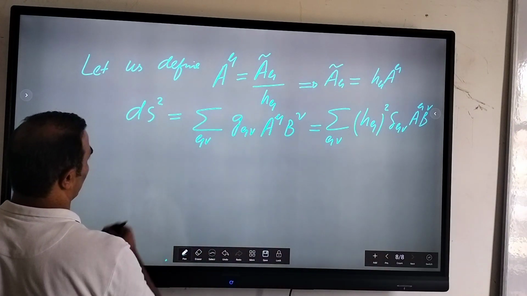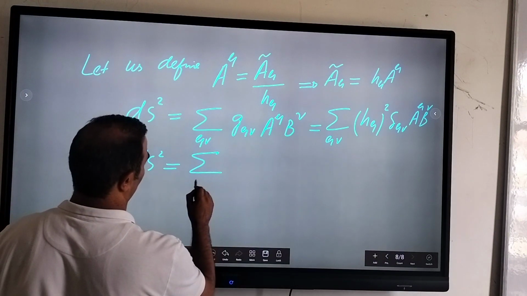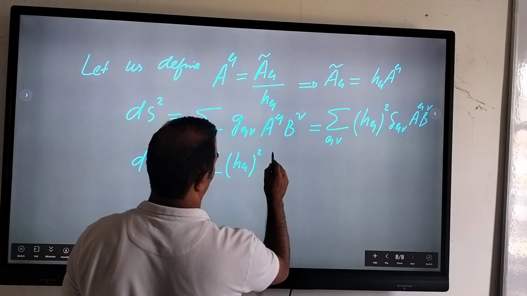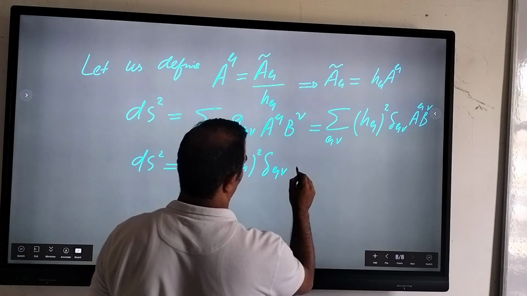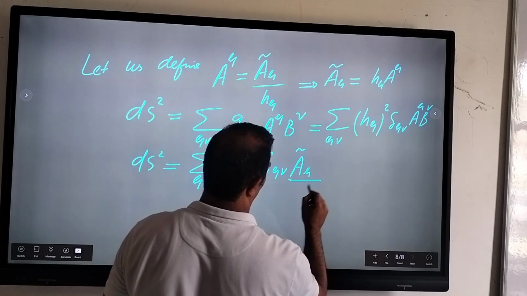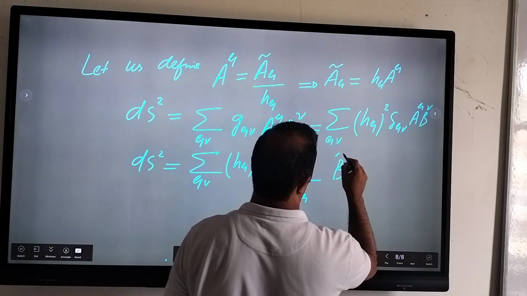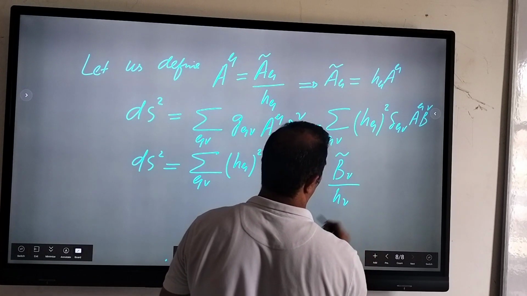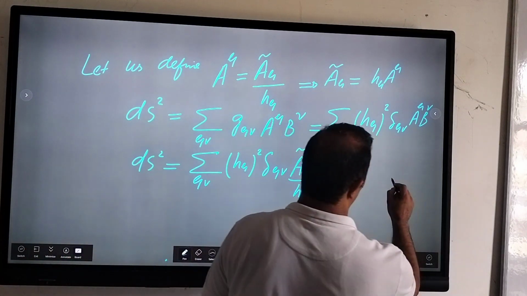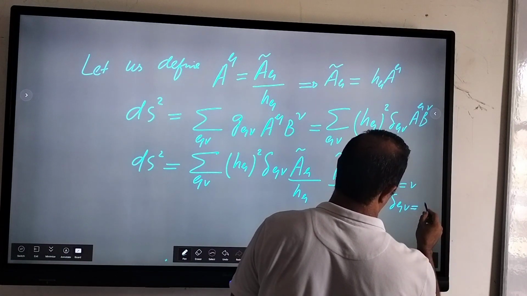So ds square will be equal to, now because using the property of the delta, mu equal to mu, that's equal to 1.